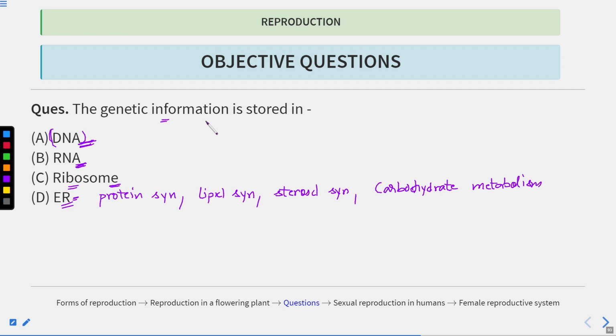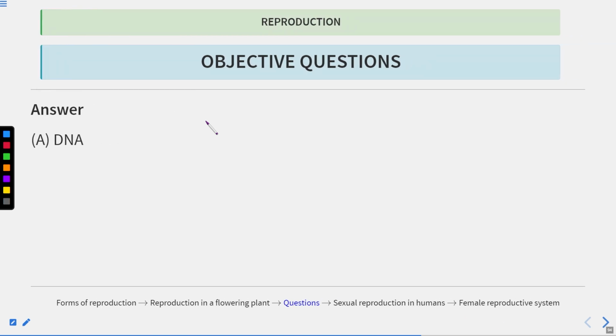So it carries all the information that is translated into proteins. All right, so what should be the answer here? DNA carries all the genetic information, and according to the central dogma, DNA is first converted into RNA. Okay, and this process is known as transcription. And RNA is further translated into proteins.